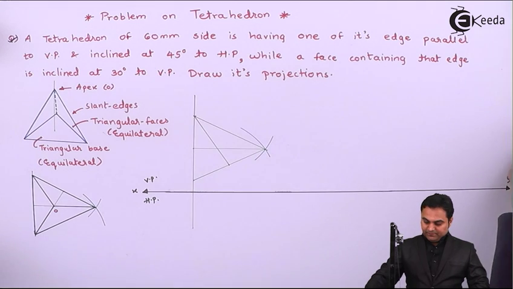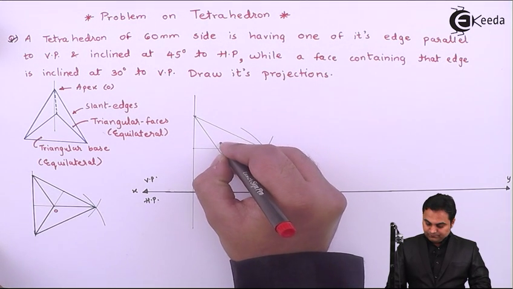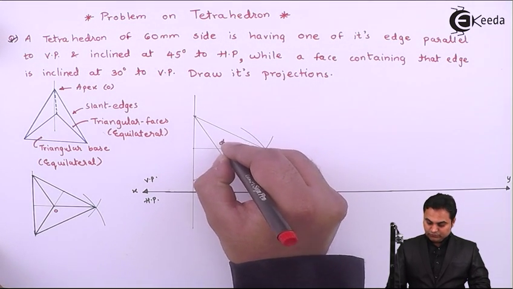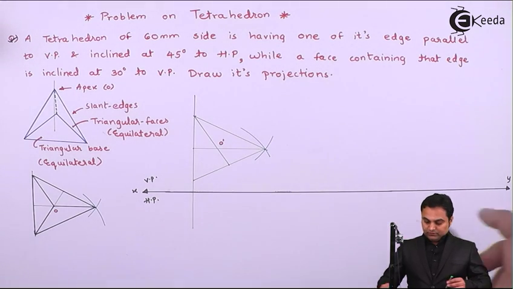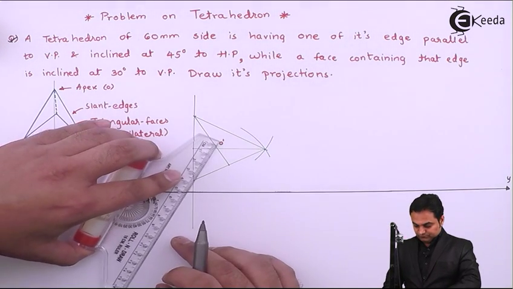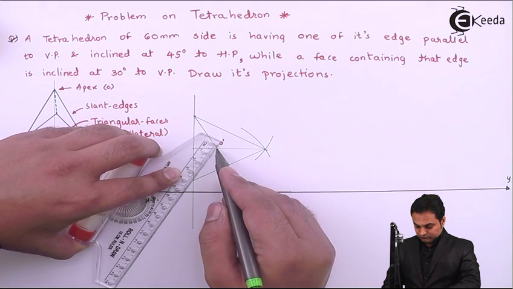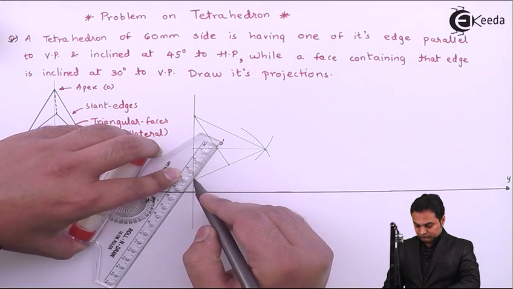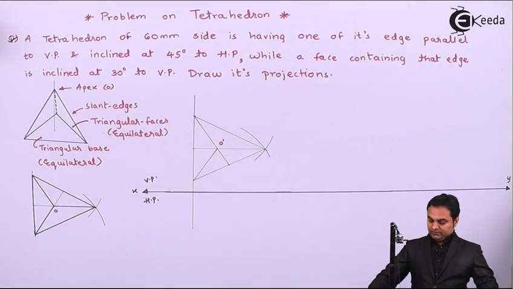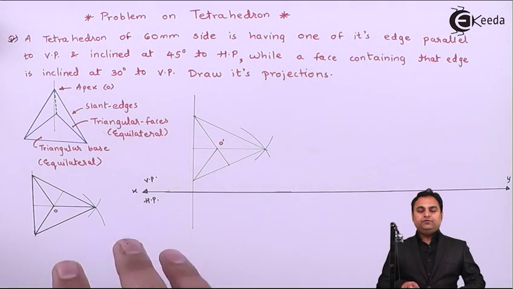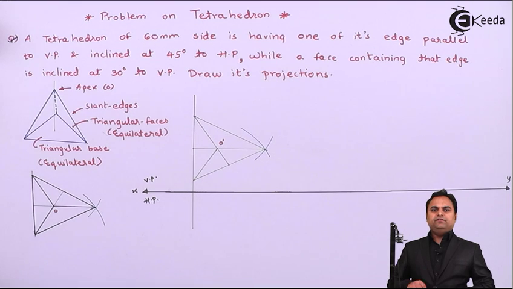So here we get the apex. I'll say it is O dash. Next, this is the front view of the tetrahedron when it is resting in VP.